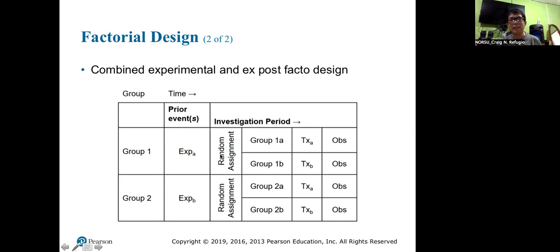Group 1A, group 1B, then group 2A, then group 2B. So group 1 is divided into A and B, then group 2 is divided into A and B also. Then we have the treatment for A, the treatment for B, the treatment for A, and then the treatment for B. And then you are going to undergo observations. So take note of this format.